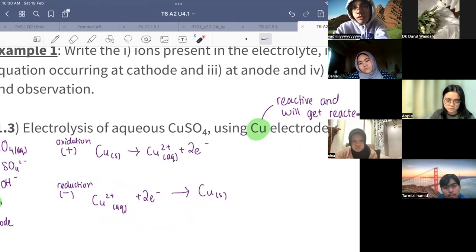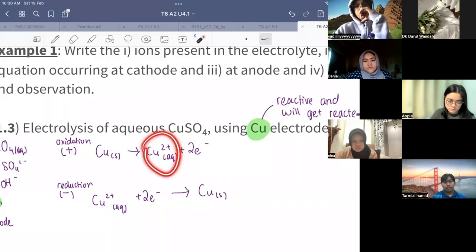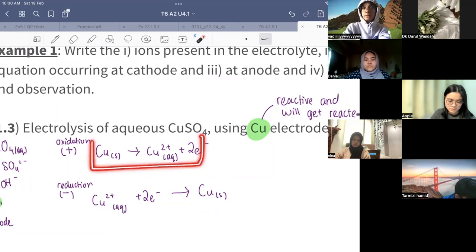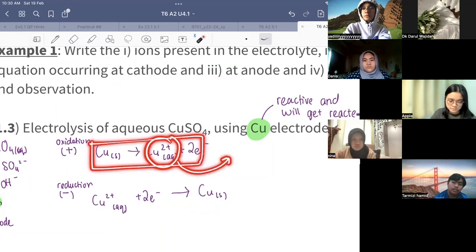But at the same time, our blue solution is also fading, because we are using and producing the same amount of Cu2+, essentially the change cancels out. I repeat, with oxidation happening, because of the formation of Cu2+, our electrolyte would appear to get darker blue.